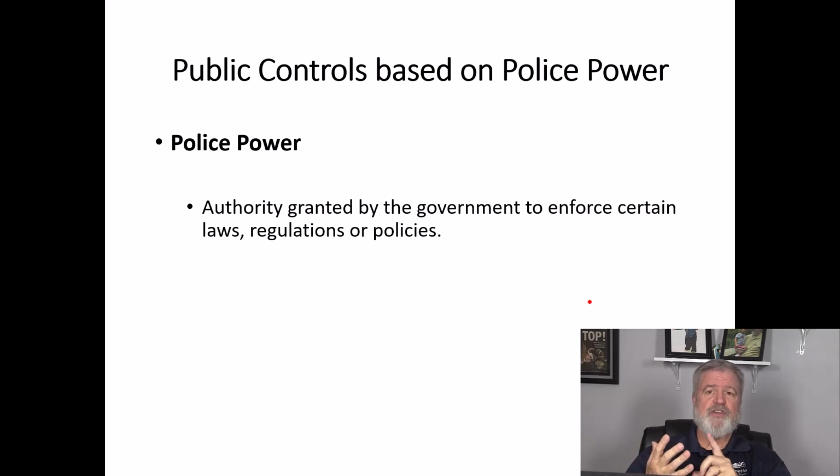But with this authority, whoever they granted it to is in control or can more easily enforce laws, rules, regulations, whatever it is they've been put in charge of. Meaning with this authority, they can take any action they deem necessary to enforce whatever laws or rules or regulations they're trying to enforce. Okay, so that's what they're talking about, police power.